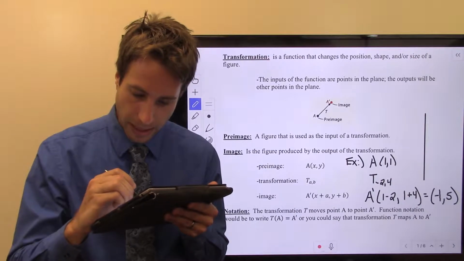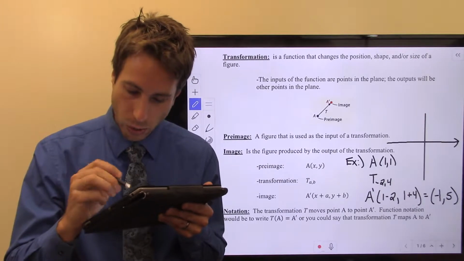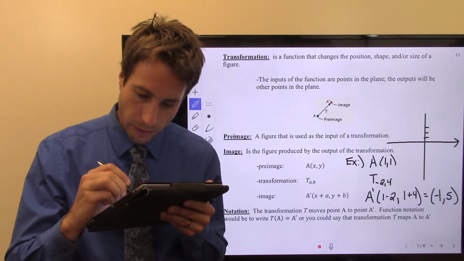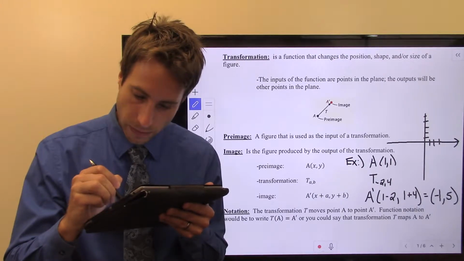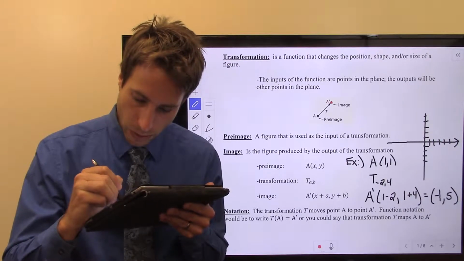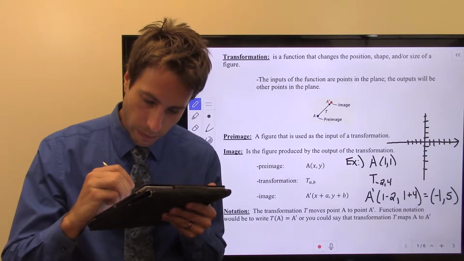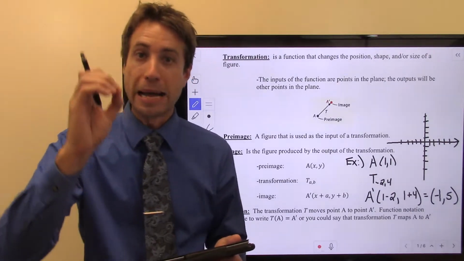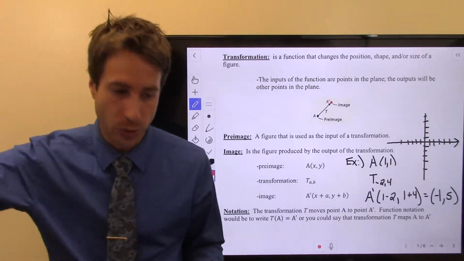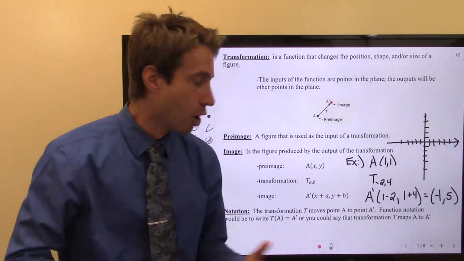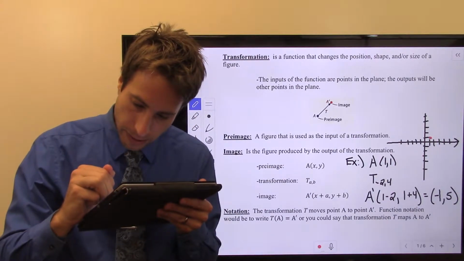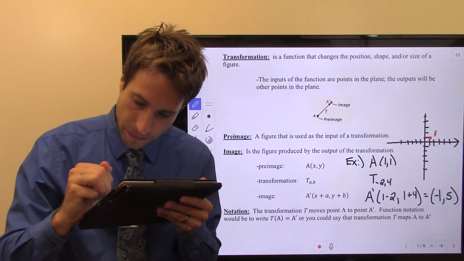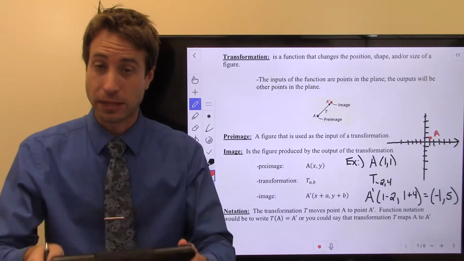I'll throw a coordinate plane up here for you guys real quick. 1, 2, 3, 4, 5. Different colors. My pre-image, what I started with, what I plug into the transformation, 1, 1, right there. That's A, my pre-image.